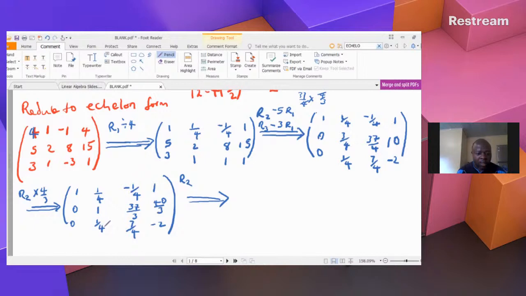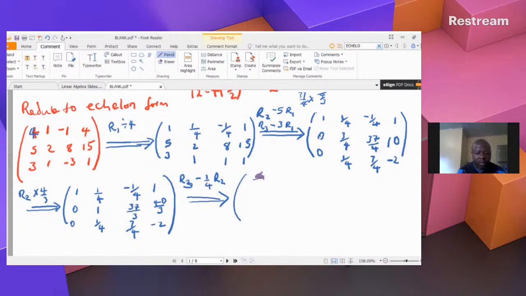So how do I get the second a quarter? So it's row 3 minus a quarter of row 2. Row 3 minus a quarter of row 2. So let's write what we get.